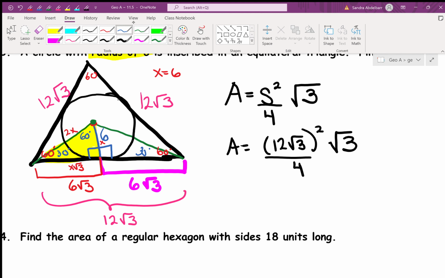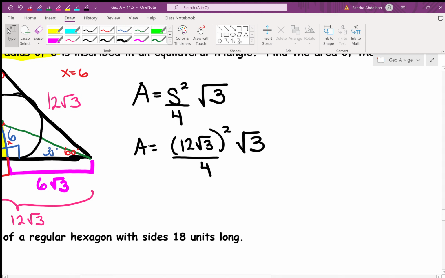So now I will go over to the side of my paper and say, okay, well, 12 root 3 times 12 root 3. 12 times 12 is 144. Root 3 times root 3, 3. Excellent, whole number 3. Did anybody multiply this? 144 times 3? You can do it for me.